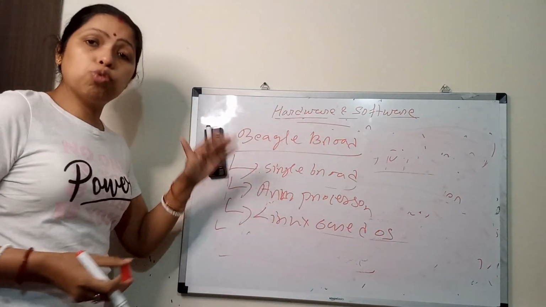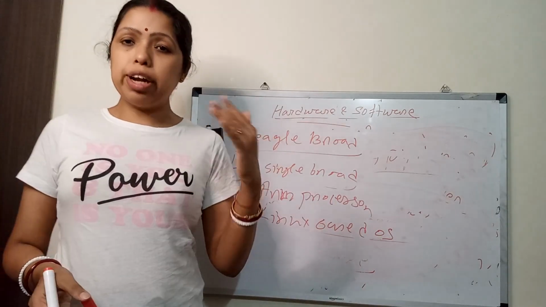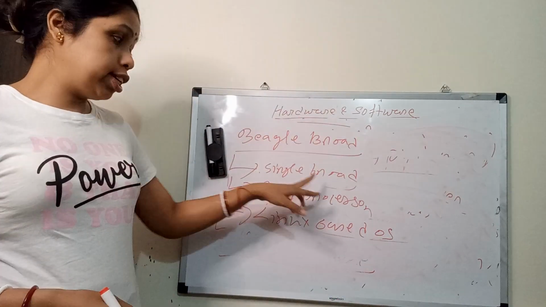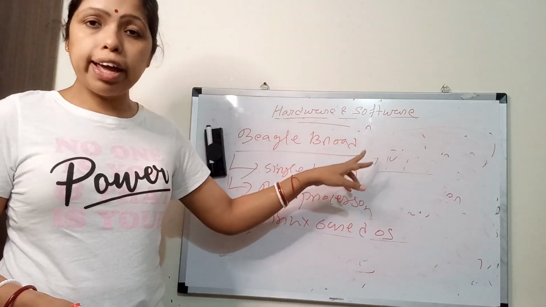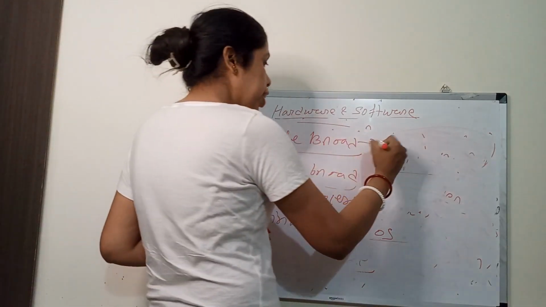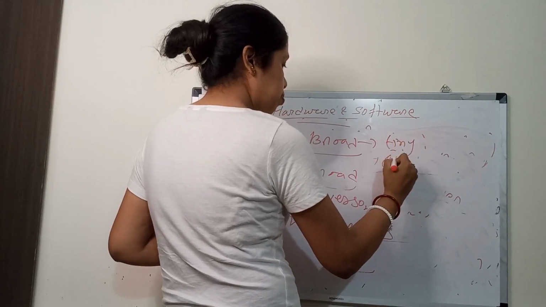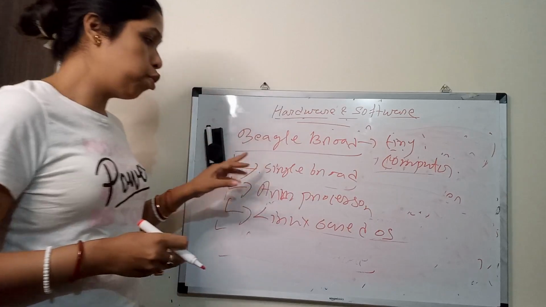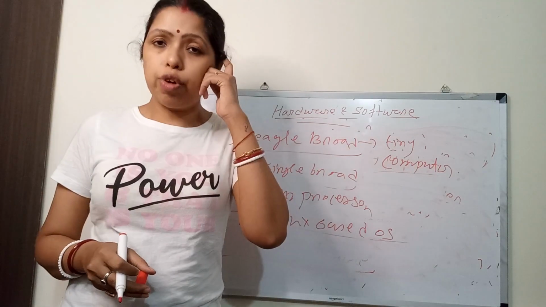So it is also more powerful as compared to the Raspberry Pi and the Arduino Uno. The single board ARM processor is also like a computer, like a tiny computer. Single board ARM processor and Linux based OS.